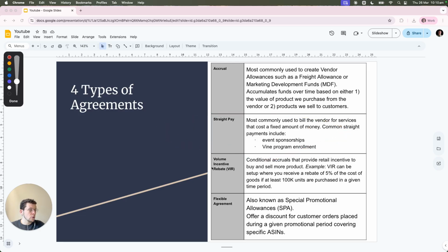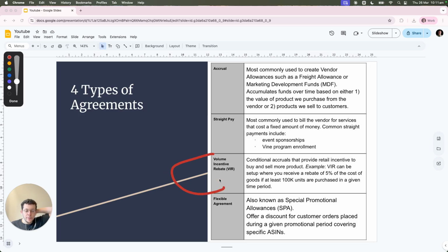Then we've got what are called volume incentive rebates, VIRs. Basically, it's also an accrual. So it scales with units, and it provides an incentive for vendors to sell more products. An example, a VIR can be set up where you receive a rebate of 5% of the cost of goods if at least 100K units are purchased in a given time period.